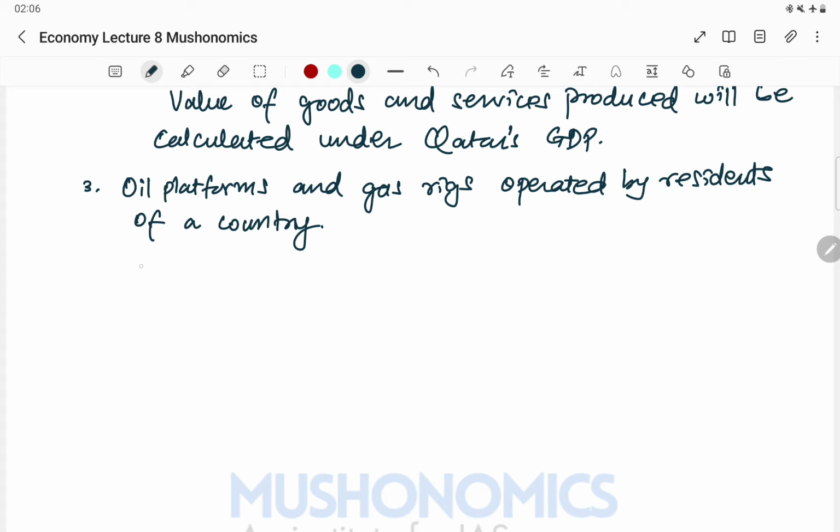So for example, ONGC Videsh Limited, if this is the government enterprise of India, right?